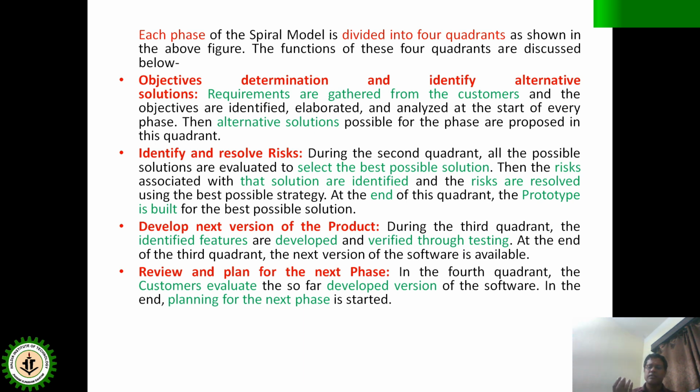At the end of the second spiral, the software is enhanced much more. At the end of the third cycle, it is enhanced more, so that in the end the final product is obtained.